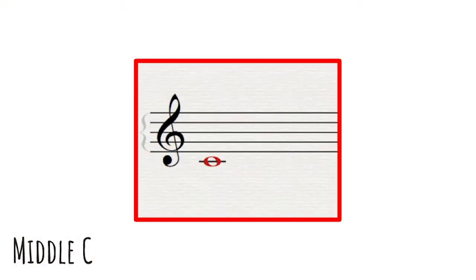Middle C is, as you would imagine, the middle note on a piano. It's also the only note that looks exactly the same in treble and bass clef. You'll see that I have outlined middle C with red.